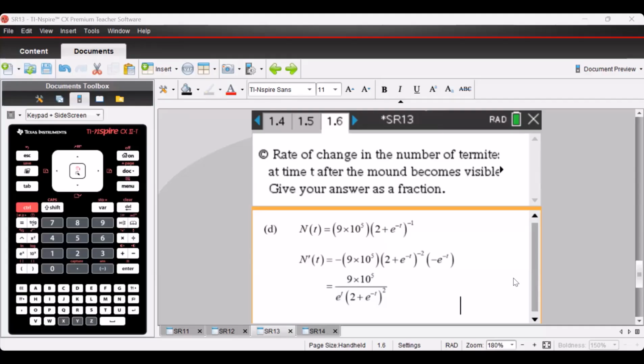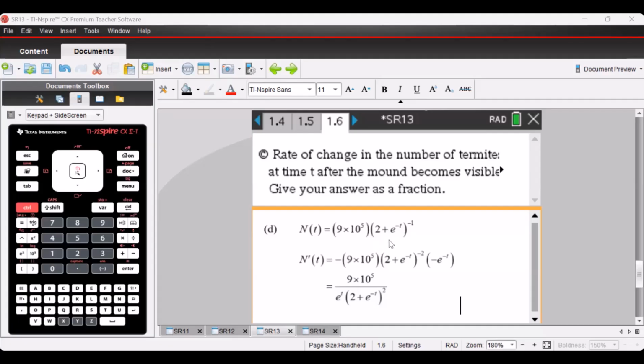This is a chain rule differentiation. So we start off with re-expressing N of t as 9 times 10 to the power of 5, which is the constant A, multiplied by, now the way the function was expressed at the start of the question, it was A divided by 2 plus e to the power of negative t, but I've written it as a product with a negative power.